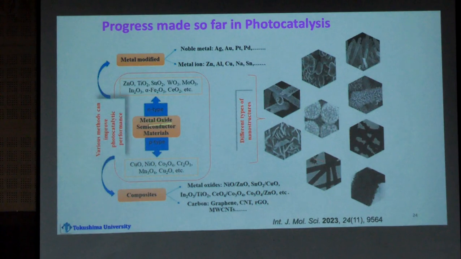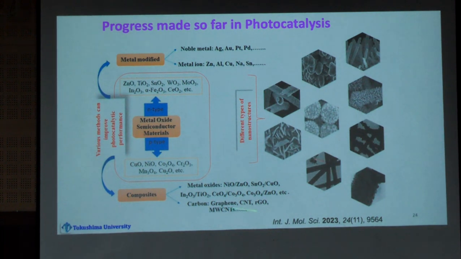And since this combination of metal oxide or metal oxide semiconductor with simply metal not good, then they shifted this metal oxide with some kind of carbon-based material. For example, CNT, reduced graphene oxide, or multi-wall carbon nanotube.